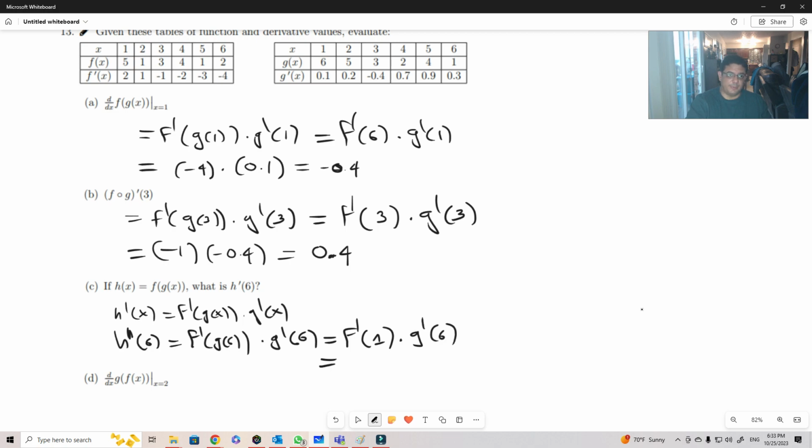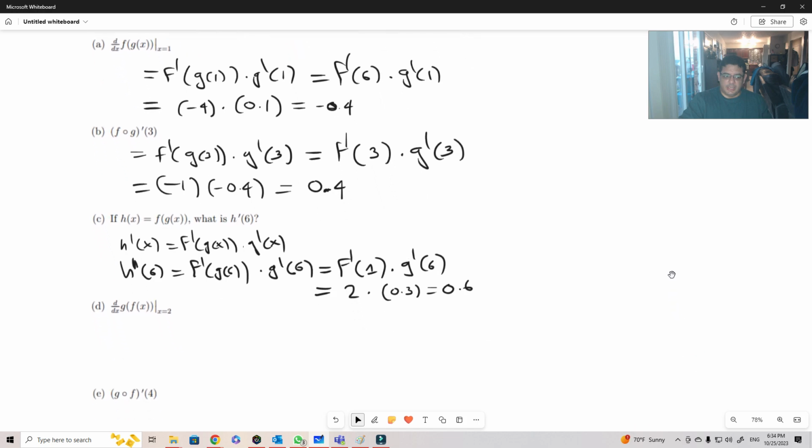And now what is f prime of 1? F prime of 1 is 2. And g prime of 6 is going to be 0.3. So this will be 0.6.